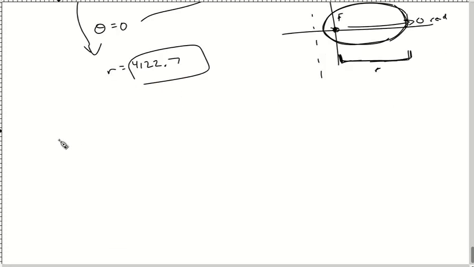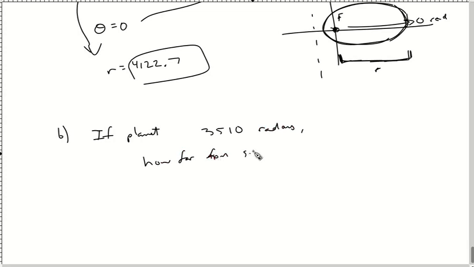Now, part B says if the planet is a 3510 radius, then how far from the surface?